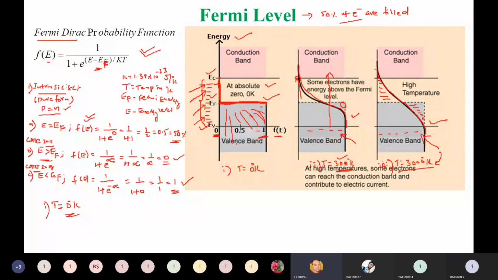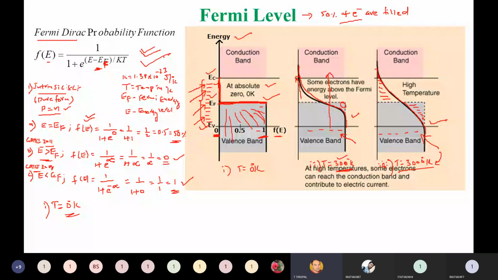Got it? So these are very, very important points you need to study about the Fermi level. You also need to remember this formula: f of E is equal to 1 by 1 plus e power (E minus EF) divided by kT. It is called the Fermi-Dirac probability density function. So you need to remember this formula, right? Once again, what is the Fermi level?